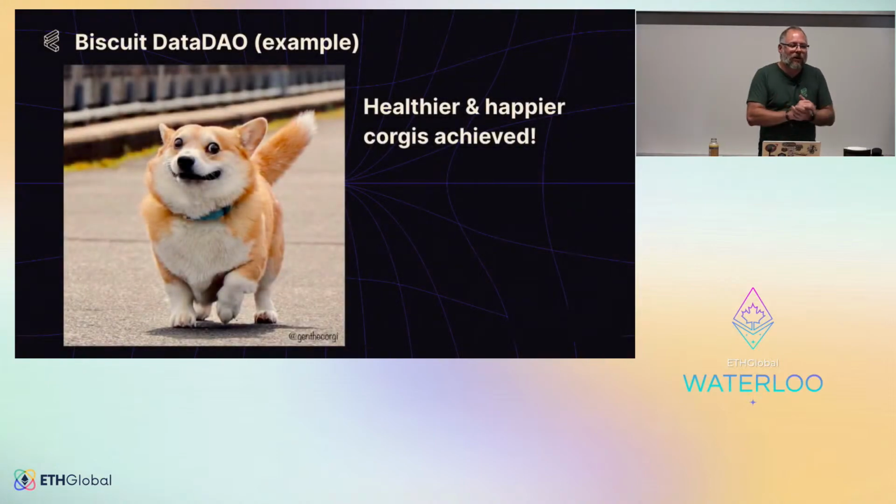And the end result, healthier, happier corgis achieved, right? So that's an example. Might seem a bit of a trivial example, but it hopefully gives a bit of a flavor of the kind of thing that you can build using FVM, using Filecoin, using things like data DAOs on top of the network.